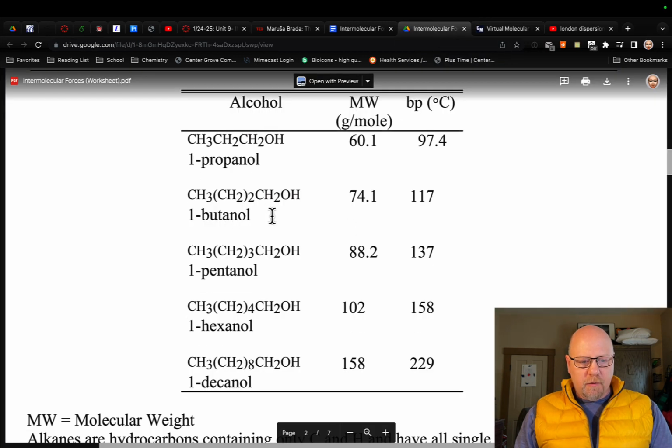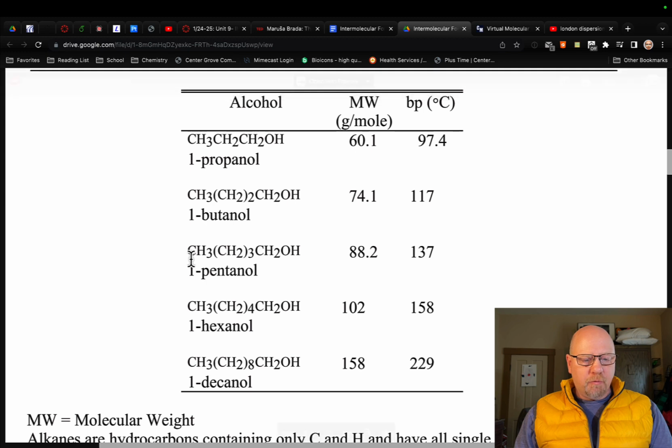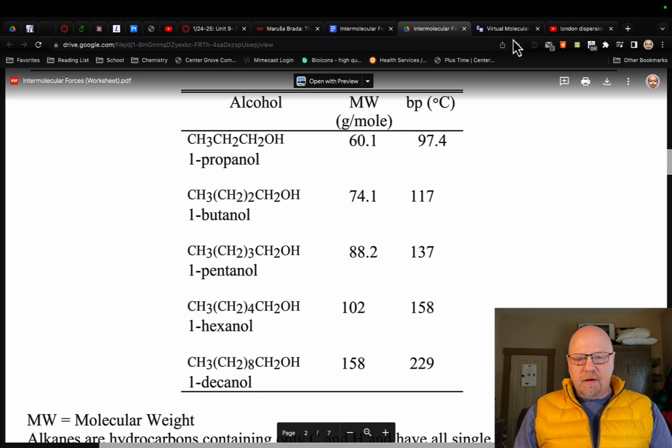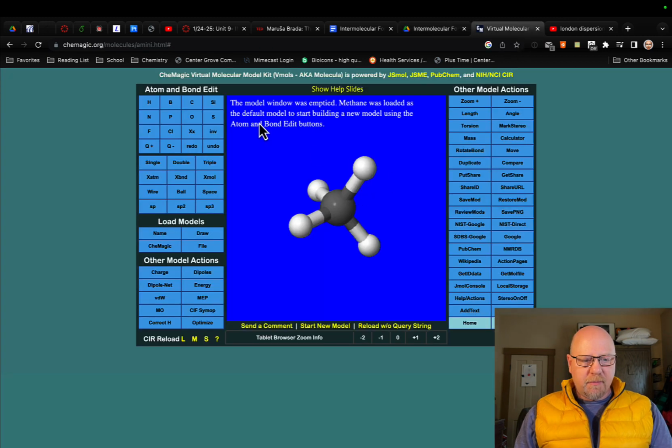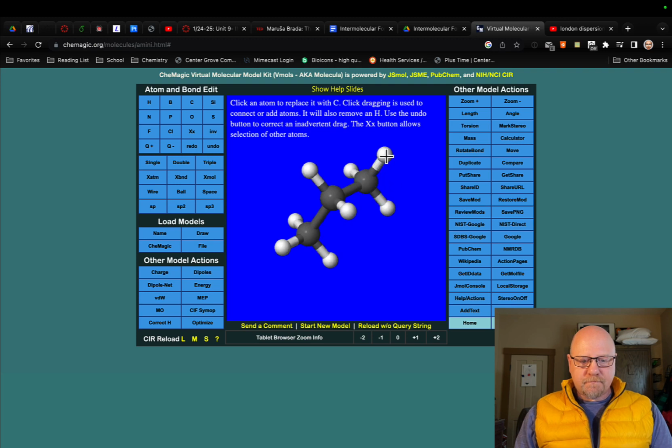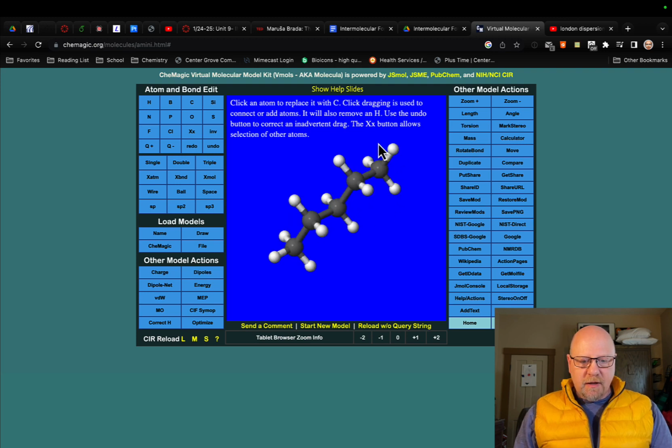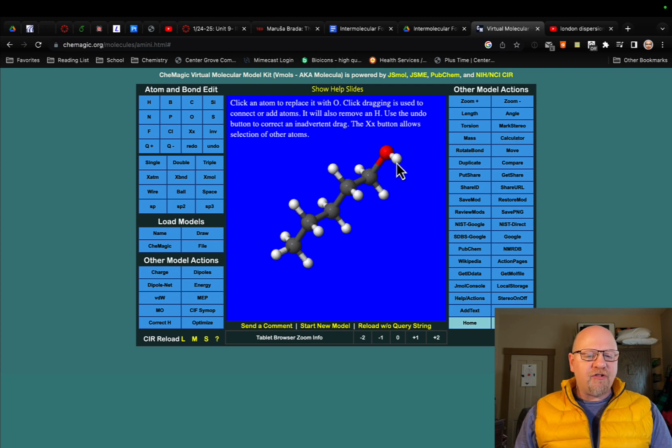So if I'm going to stick with the pentanes, I'm going to do 1 pentanol, so I'm going to put 5 carbons in a row, and this oxygen will go on the last carbon, and you'll see how that looks. So I'm going to make 5 carbons in a row, and then one of these hydrogens I'm simply going to replace with an oxygen, and notice that it puts the hydrogen on that with it.